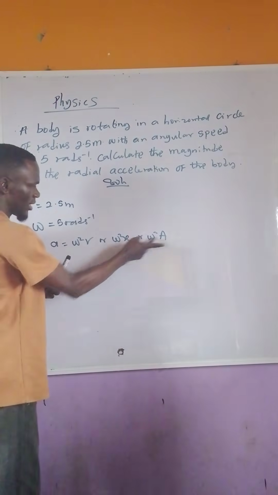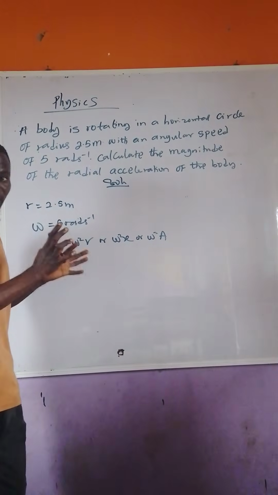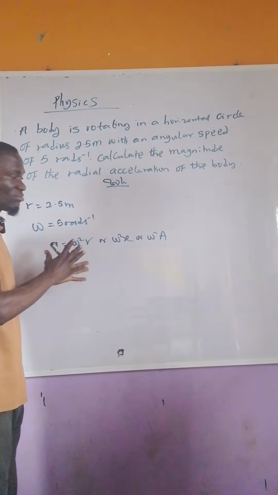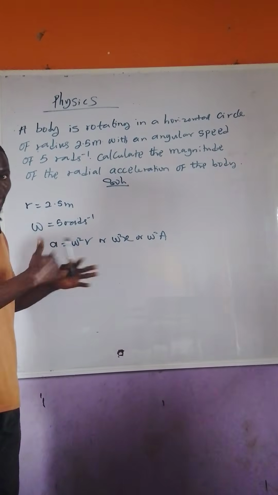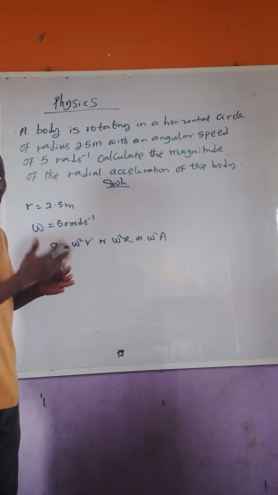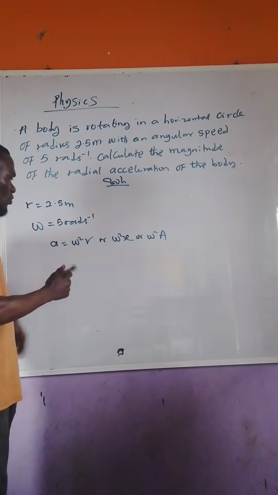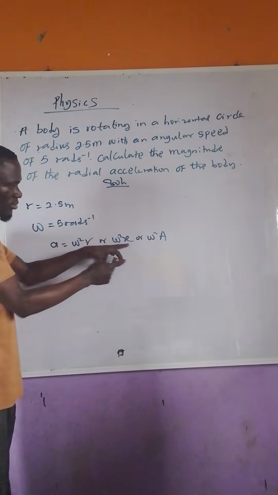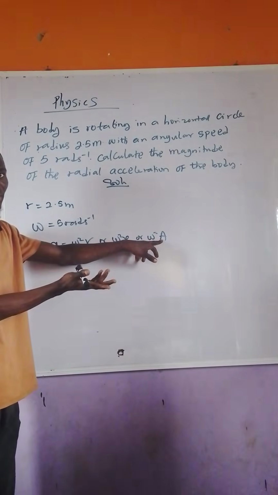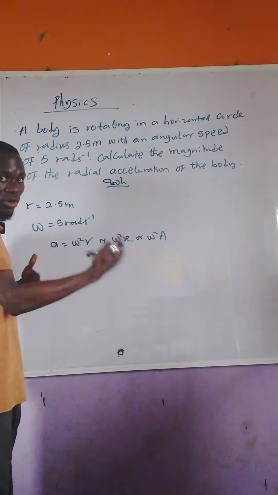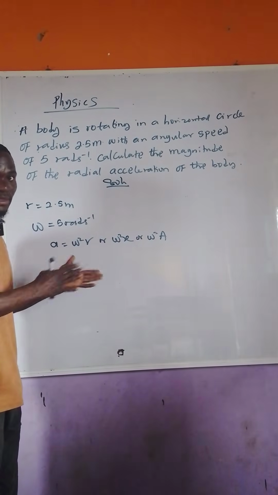All these things mean the same thing. They are talking about the distance, the length of the particle's path. So this one is radius, displacement, and we have amplitude. They do the same work. That is distance, how lengthy it is.